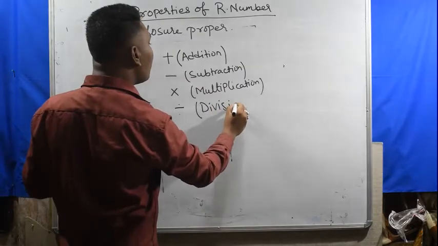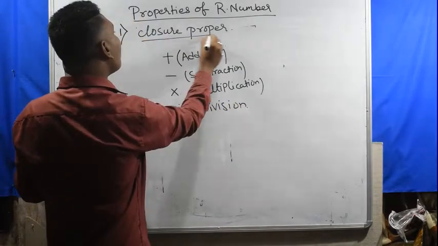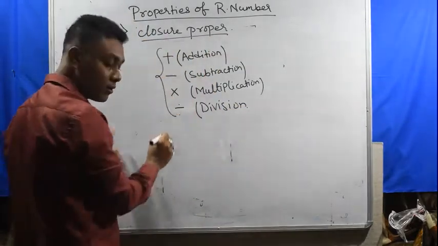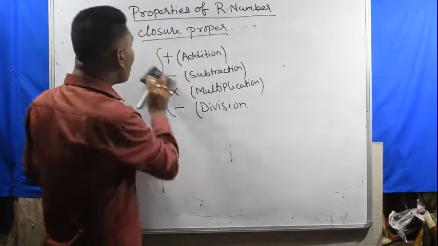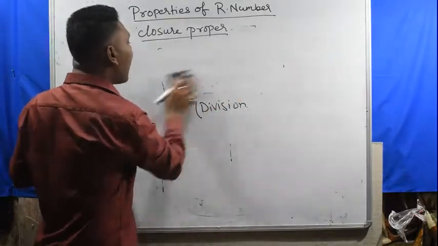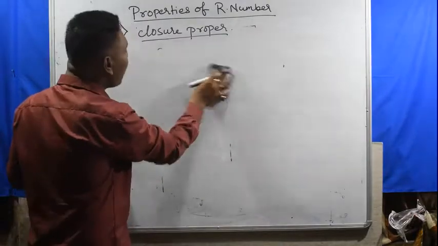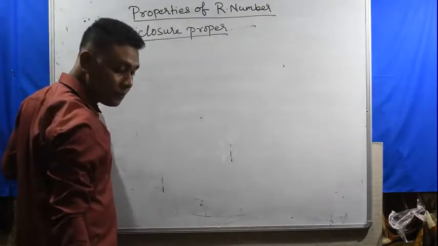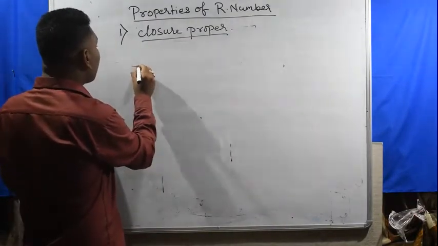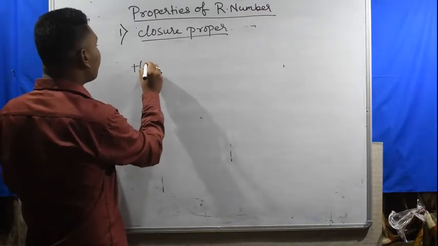This we all know. Now let us see closure property for all these functions. So let us start with addition.